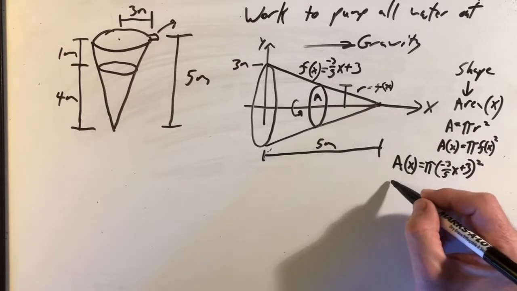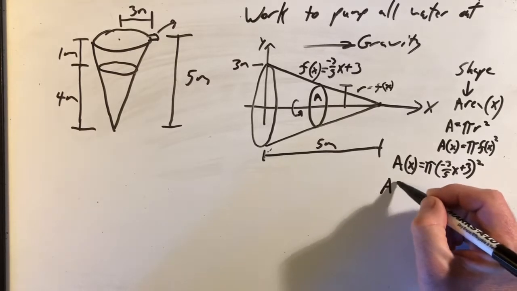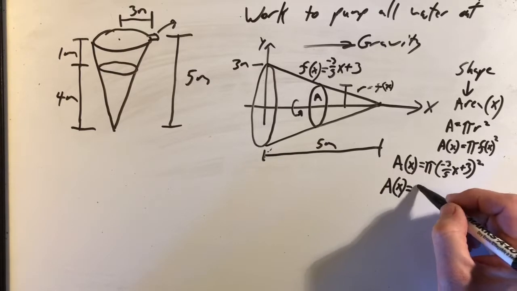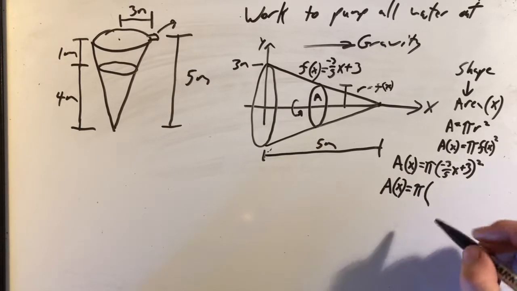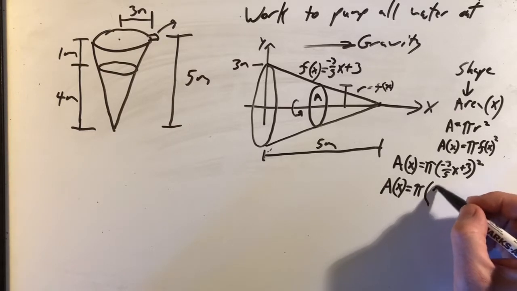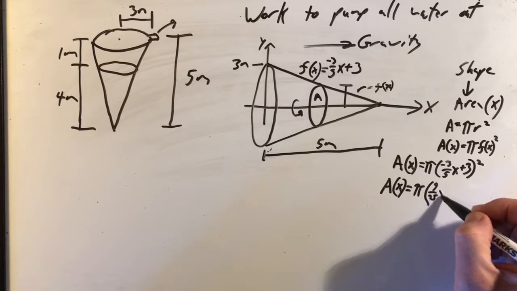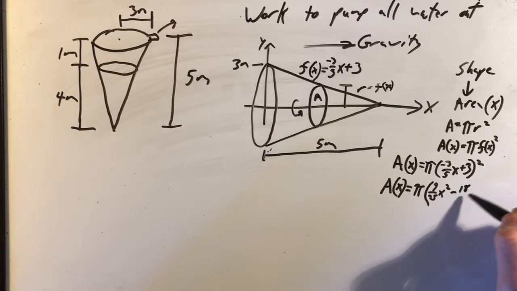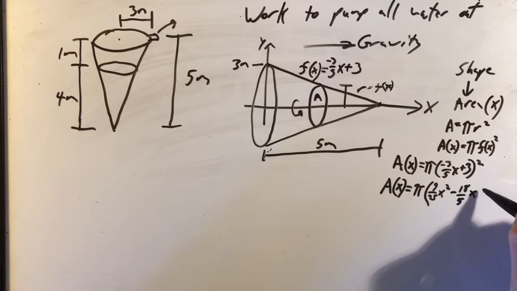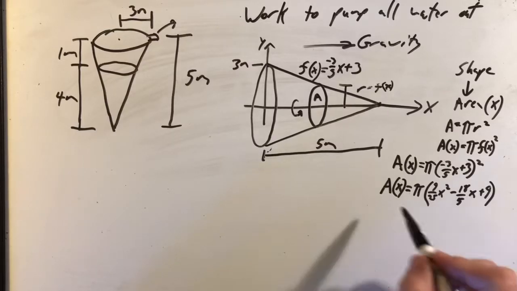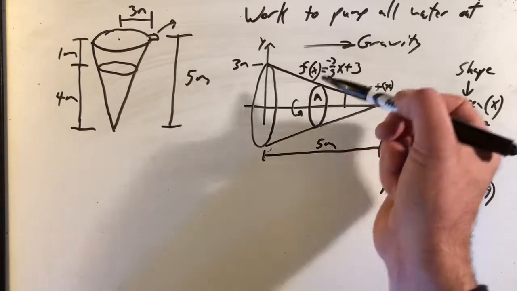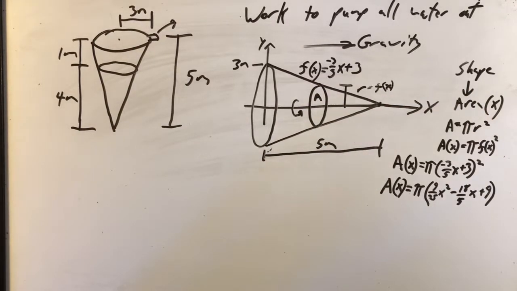Okay, and if I need to continue, because it's going to be a lot easier if I can separate it out, so I'm going to multiply that out to pi times 9 over 25 x squared minus 18 over 5 x plus 9, and that's my area as a function of x. Boom. For that shape rotated around the x-axis.